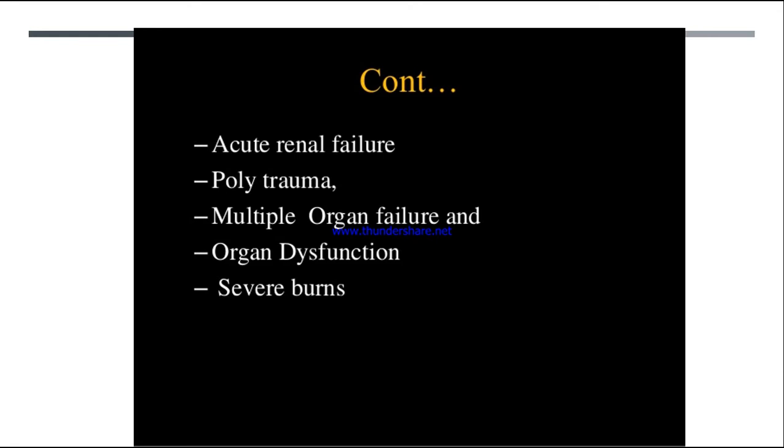Then multiple organ failure, where many organs are not working up to their maximum level, organ dysfunction and severe burn. These are some of the conditions that we can consider as critically ill patients.